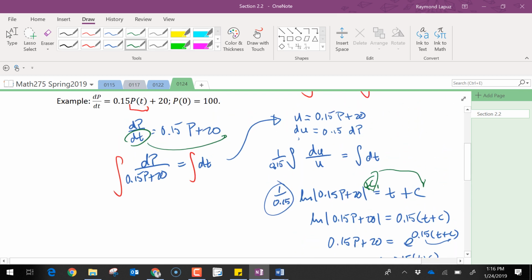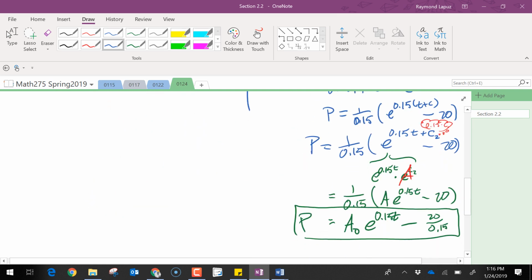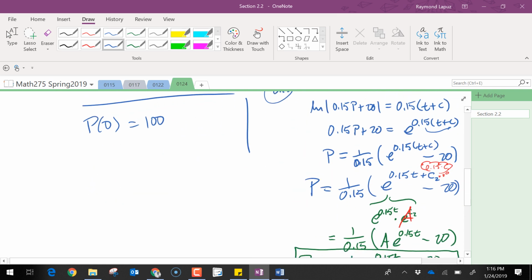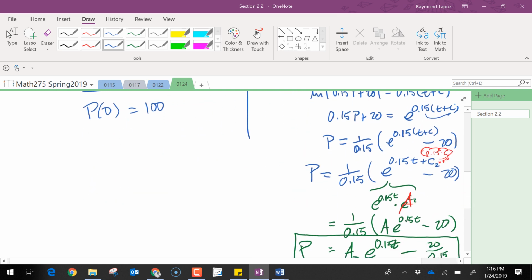All right, let's plug in the value for our initial condition. That says P of 0 is equal to 100. And then we'll put that into here.